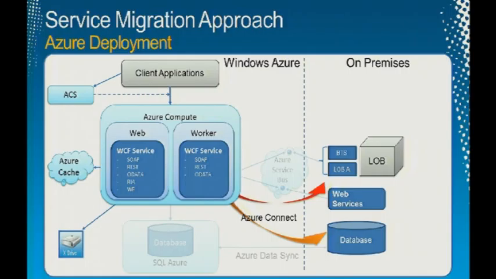That's represented by the two red and yellow arrows. Why are they not green? Any guesses? I have a pretty good, decent 16 gig memory stick here waiting to be taken. Why is one of them red, connecting to web services, and the other one yellow, connecting to databases, leveraging Azure Connect?